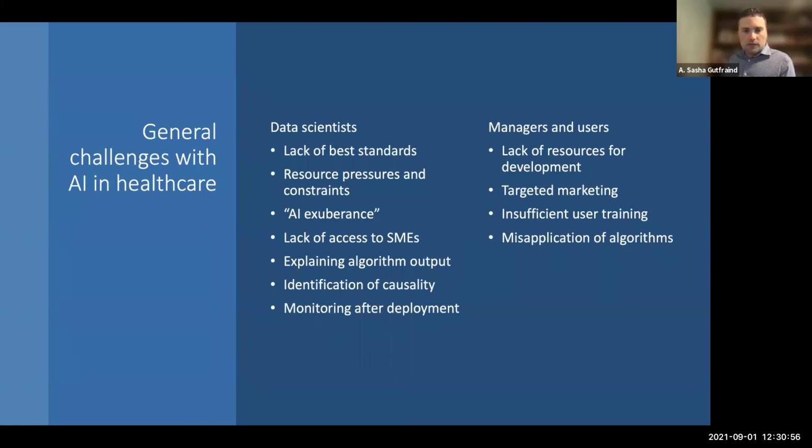So I try to summarize here some of the challenges that are often missed when we think about data science and AI in healthcare. And I think that the challenges go beyond simply data. I divided the challenges into those faced by data scientists versus those faced by managers and users. Let me talk about a couple of them.